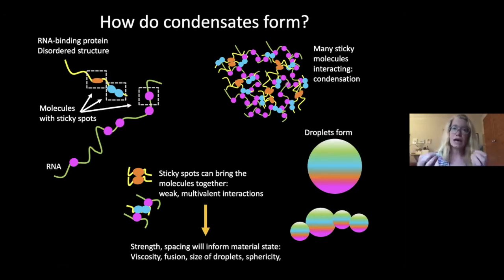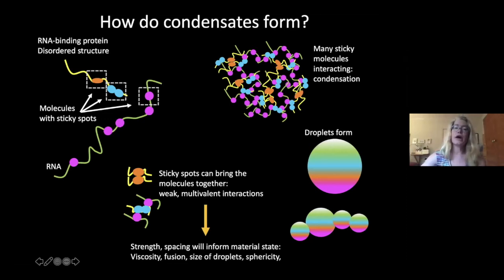It's thought that the material properties are really relevant for their function. Material properties that we can measure and think about are the viscosity and the ability of droplets to fuse. This will influence things such as the size of the droplets or the sphericity of the droplets.